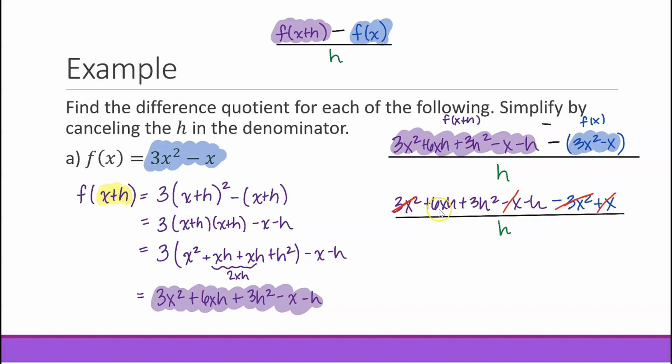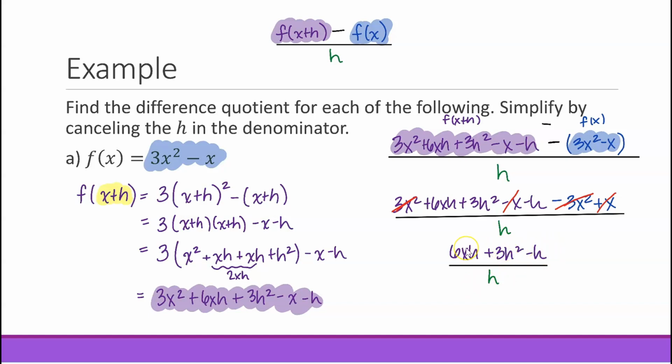So what I have left in the numerator is 6xh plus 3h squared minus h, all terms involving h. And that's what we want, because then what we can do is factor out an h. So again, I can't just cancel these h's here. People will do this first step and then still go about it wrong and cancel these h's. I can't do that.